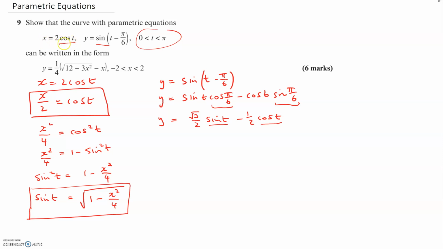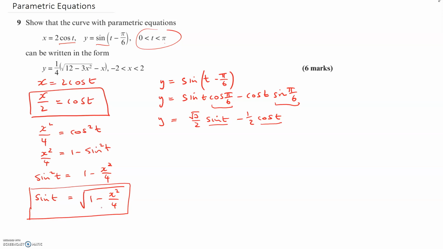Well, for cos between 0 and pi, cos is only positive, and sine actually in that range of values is also only positive. So between 0 and pi, sine is positive, and so we're going to take the positive root there. Okay, I can put both of those in now.